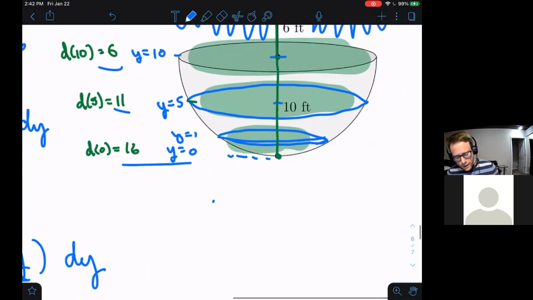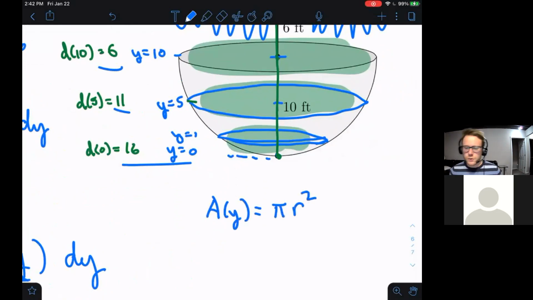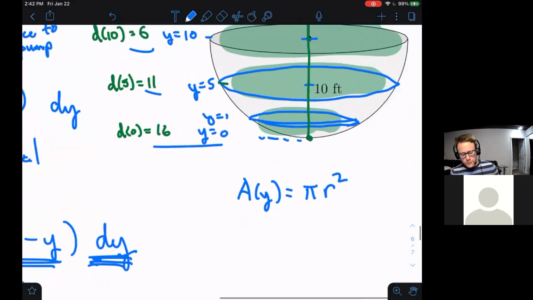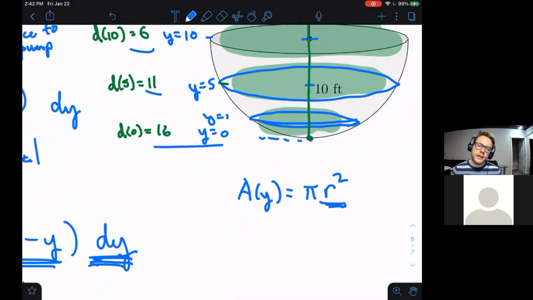So I know that the area is going to be given by the formula pi r squared. But the problem is, and I could plug this in, we run into this situation much like we had in 5.2 when we were doing stuff about volumes, where we're only really allowed one variable. And so our one variable here is y. That's the thing that we're integrating with respect to. We need to get r squared in terms of y.